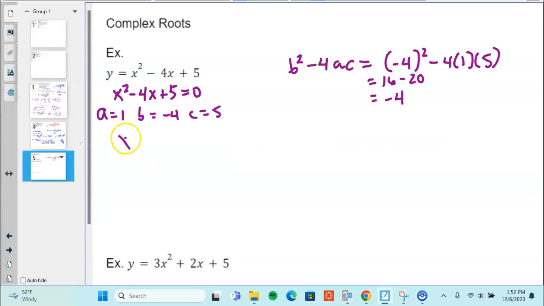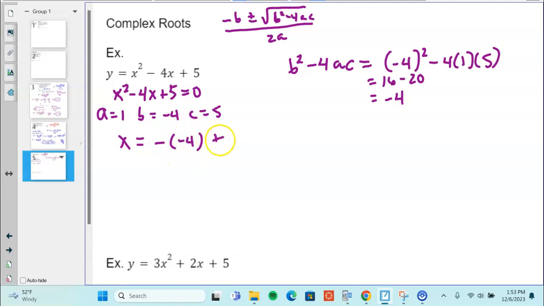So we plug numbers into the quadratic formula, which is -b plus or minus the square root of b squared minus 4ac, all over 2a. So we do the opposite of -4, the negative of -4, plus or minus the square root of, here's our discriminant, -4, all over 2 times 1, because a was 1.